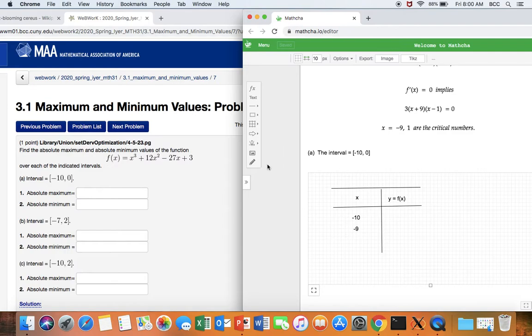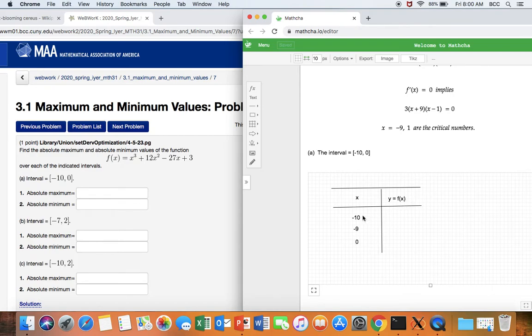And the next one is 0. Okay, I hope this is clear why I chose these numbers: endpoints of your interval and any critical number that fits in your interval. Negative 9 fits here, 1 does not. So these are the numbers.